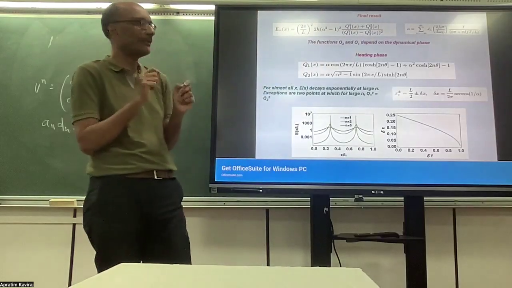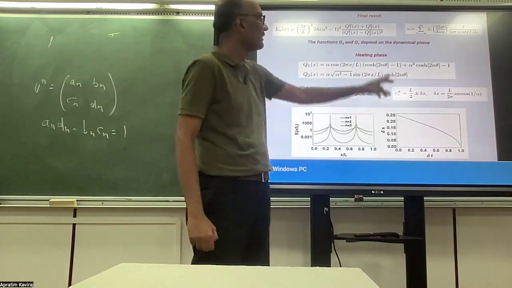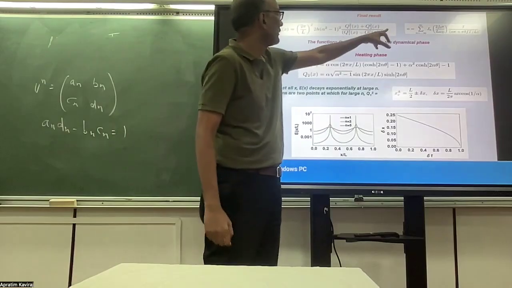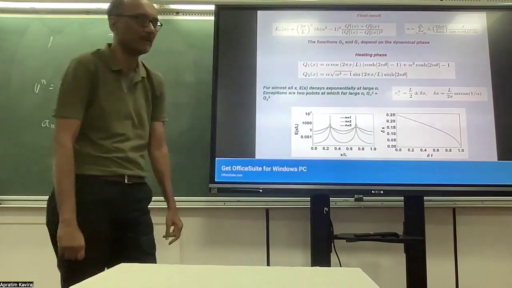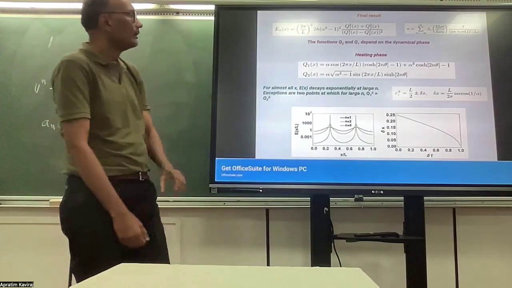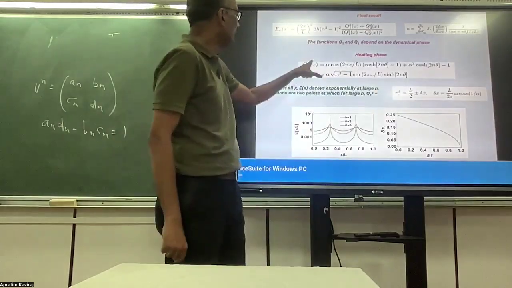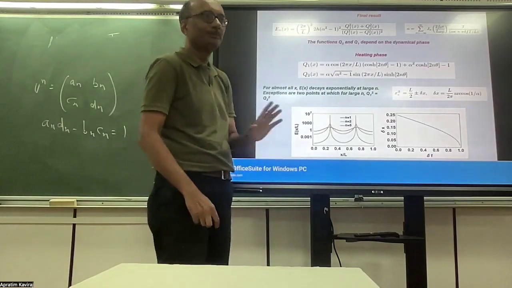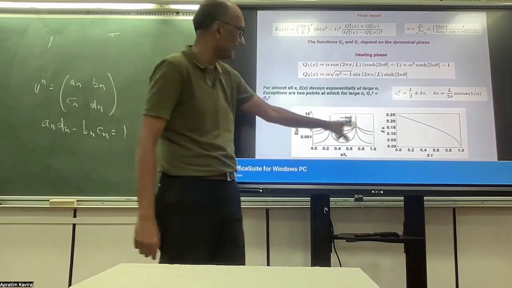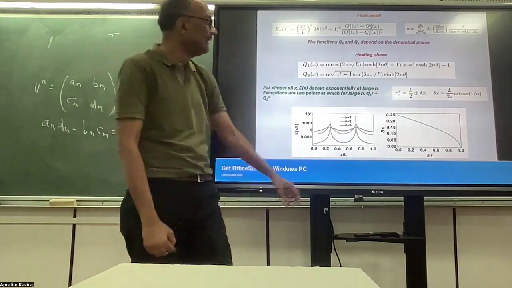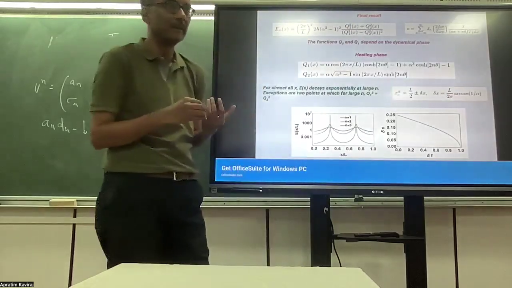in x, except for some special points, essentially decays exponentially, because there is a q^4 and a q^2, so it's 1 over q^2. However, there are some special points given by this, where q1 becomes almost equal to q. At those points there is a peak that develops, and these are of course exact expressions when n tends to infinity.